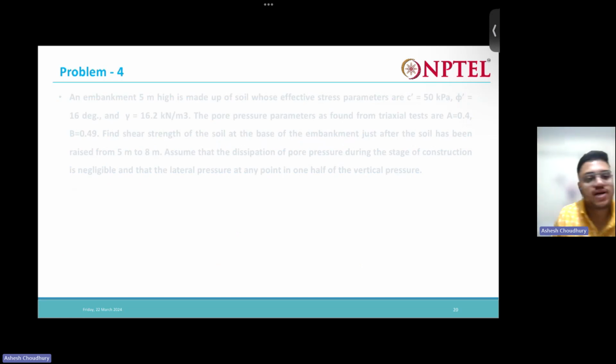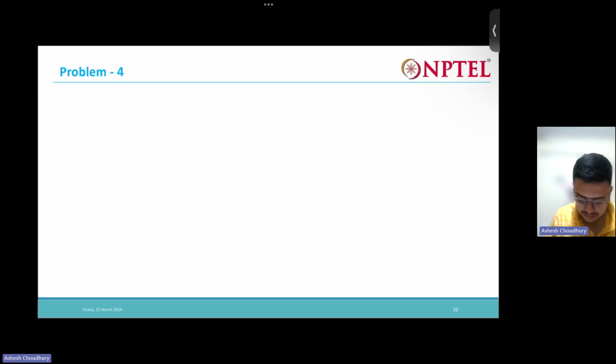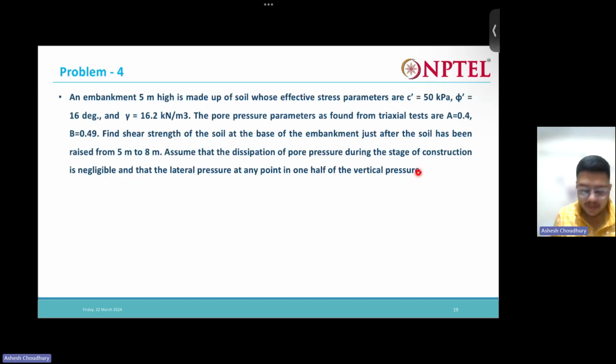An embankment 5 meter high is made up of soil whose effective stress parameters are C prime is equal to 50 kPa and phi prime is equal to 16 degrees and gamma is equal to 16.2 kilonewton per meter cube.